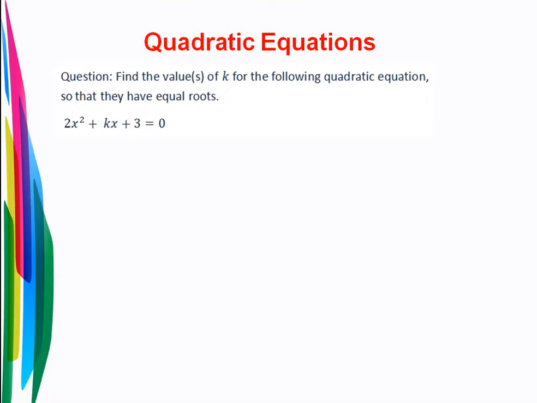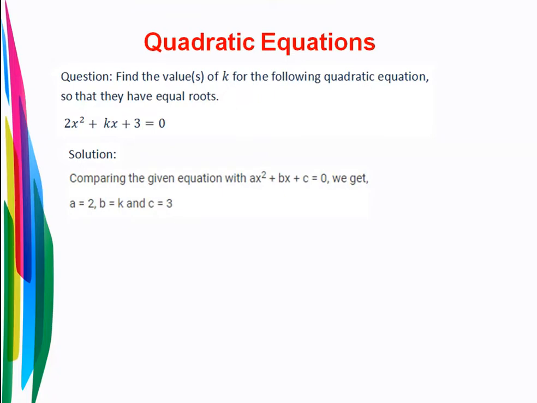So how to start? Given the quadratic equation, I will compare it with ax square plus bx plus c equal to 0. On comparison, I get a is 2, b is k and c is equal to 3. Discriminant is b square minus 4ac, so k square minus 4 into 2 into 3. I get k square minus 24.